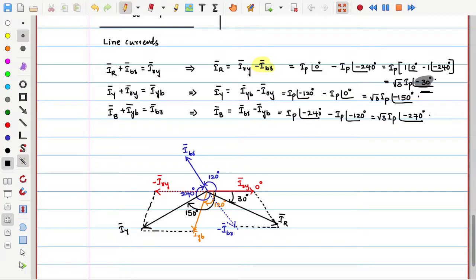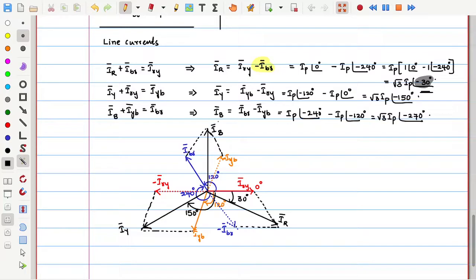Similarly, IB. How will I get IB? IBR added with minus IYB. So let me take minus IYB, opposite to IYB. Now add these by drawing the parallelogram, and the diagonal gives the line current, which is IB.